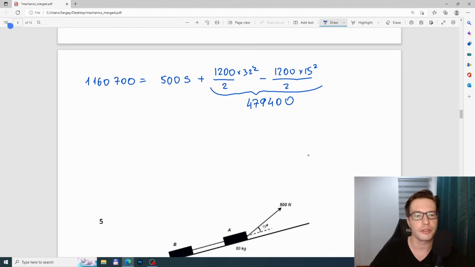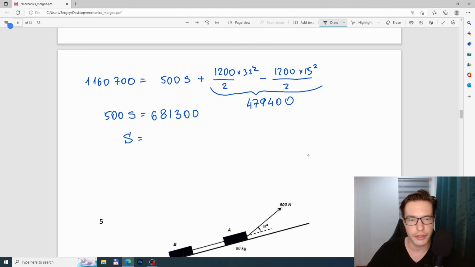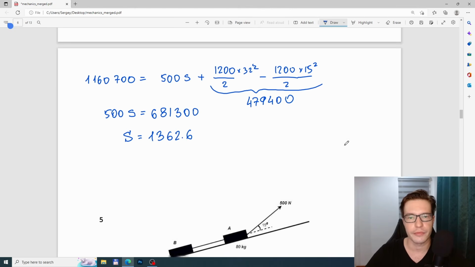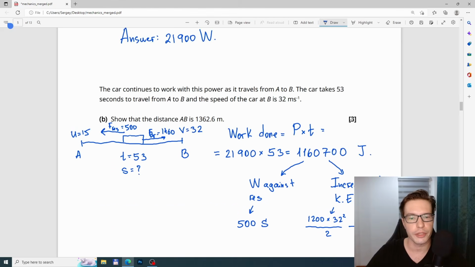Now I'm going to move it to the left side and I will get 500s equals 681,300. Now divide both sides by 500 and we got 1,362.6. That's exactly what we had to show.